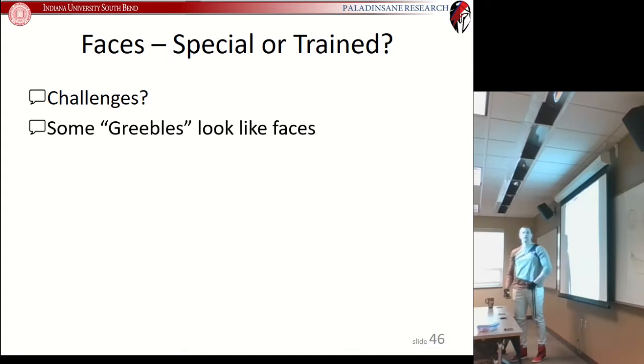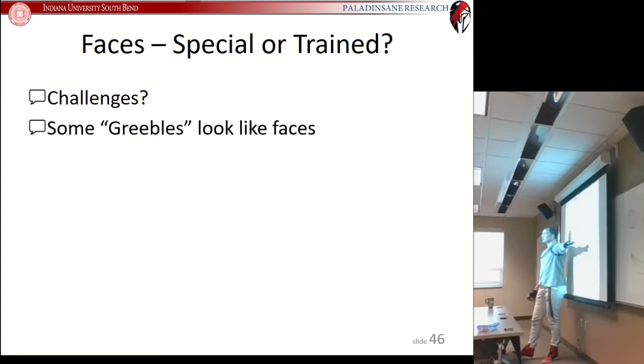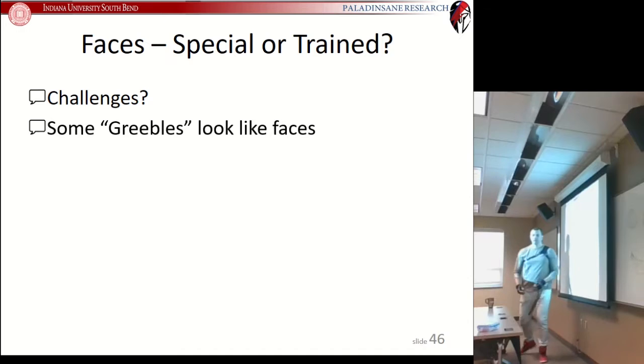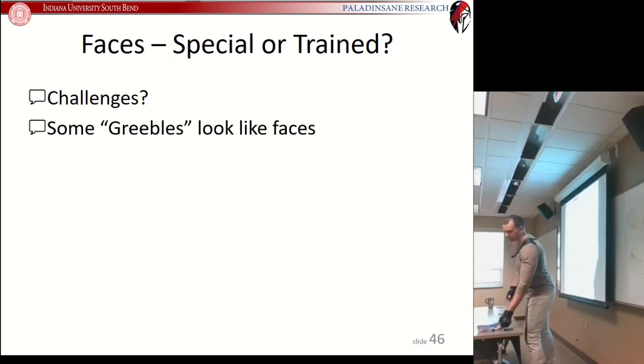That doesn't look like a face. But we recognize this as a face. So it could be that the fusiform face area responds to things that we recognize as faces, that are face-like, not necessarily just defined for a human face, but things that have the correct configuration in order to be classified as being face-like.